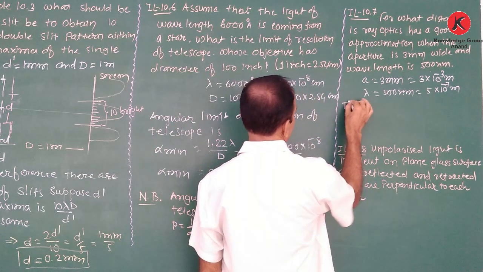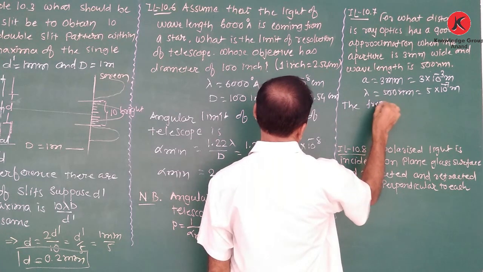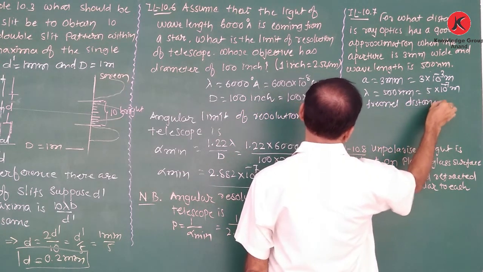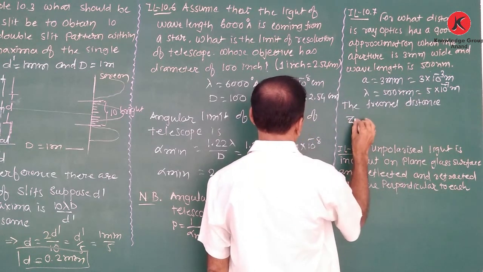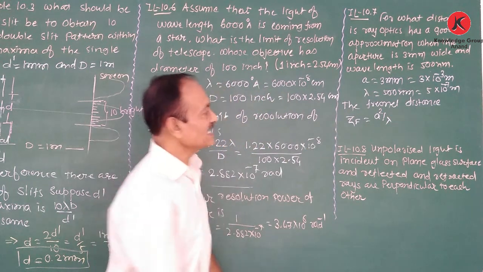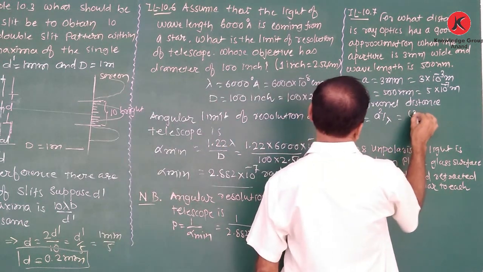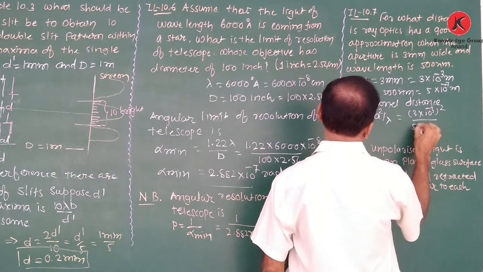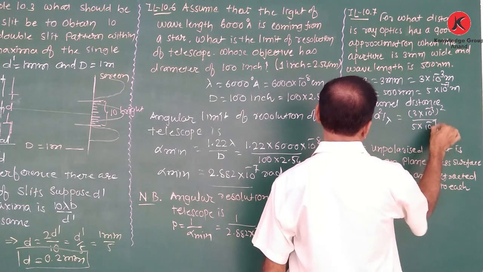Therefore, the Fresnel distance ZF is equal to a square upon lambda. A is given, 3 into 10 to the power minus 3 whole square upon 5 into 10 to the power minus 7.